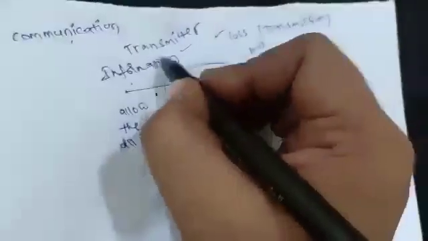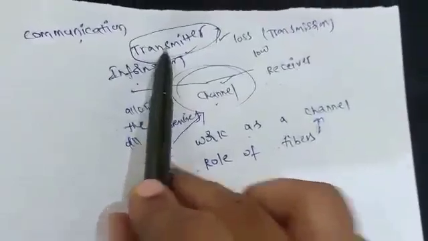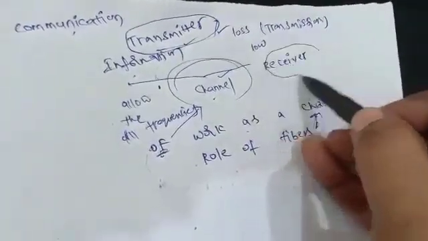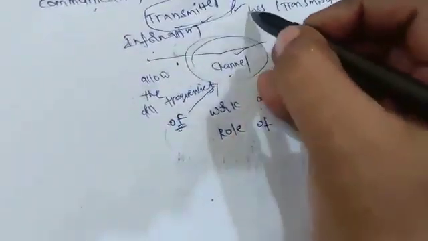The transmitter is nothing but the information source. When the transmitter sends information, the total information is received by the receiver, provided we maintain these two parameters.